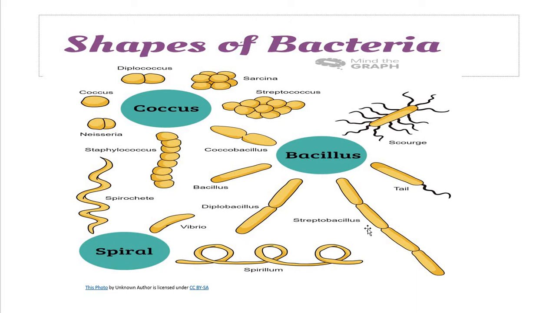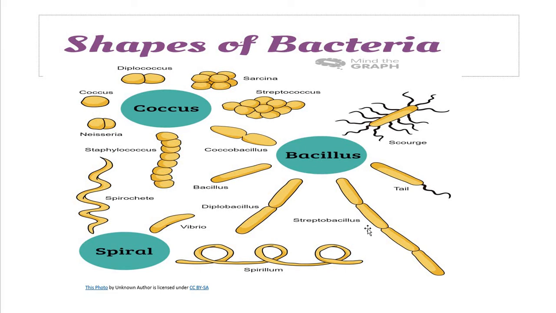And the palisade type: these are cells arranged side by side like matchsticks, at an angle to one another. An example of palisade-like bacilli is Corynebacterium diphtheriae.